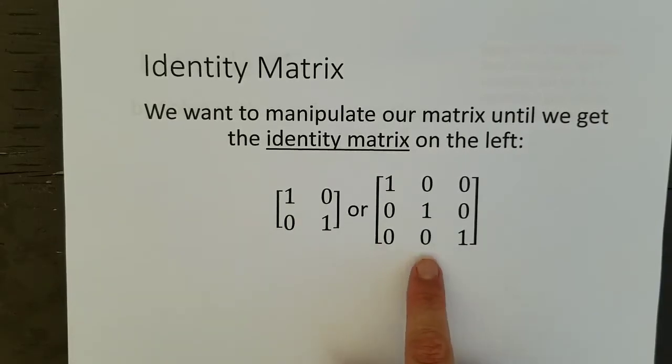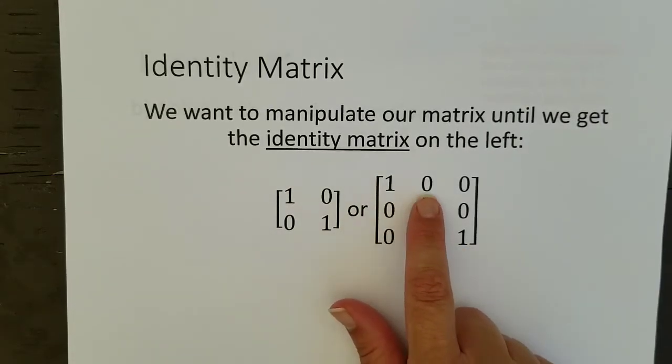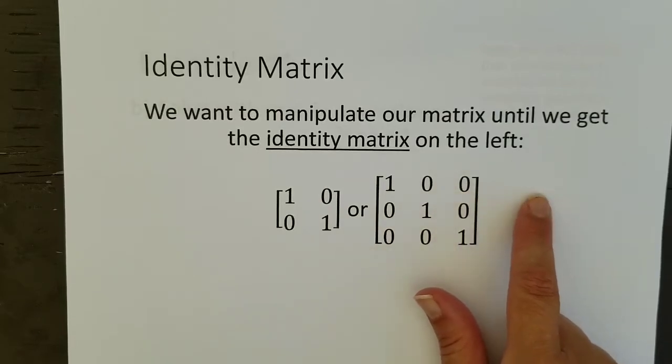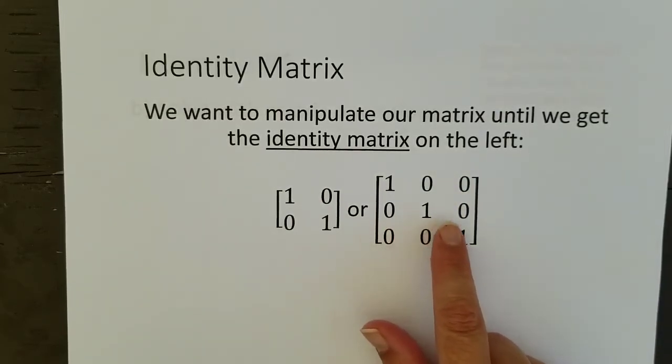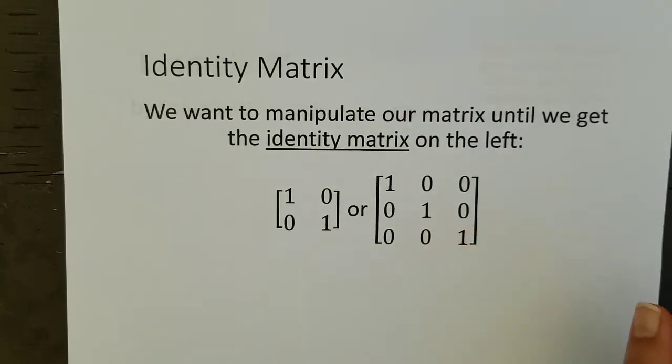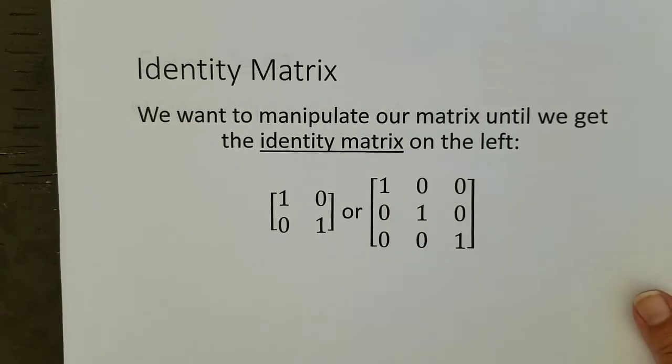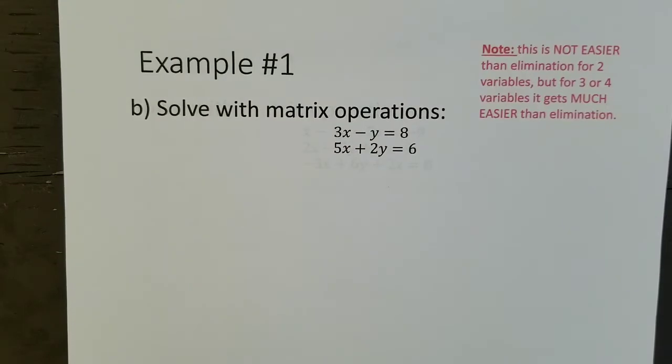In 3 variables, we would have 1x plus 0y plus 0z equals something, and that's really a solution for x, or 0x plus 1y plus 0z equals a number. So that's kind of where we're going to go with this. We're going to solve that same exact system of equations, but this time using matrices.